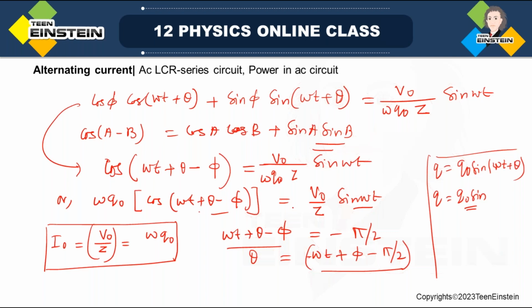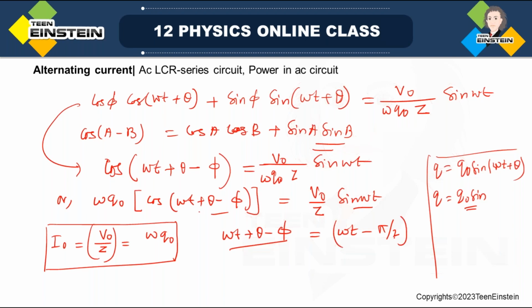So this is equal to omega t minus pi by 2, so theta will be equal to minus pi by 2.